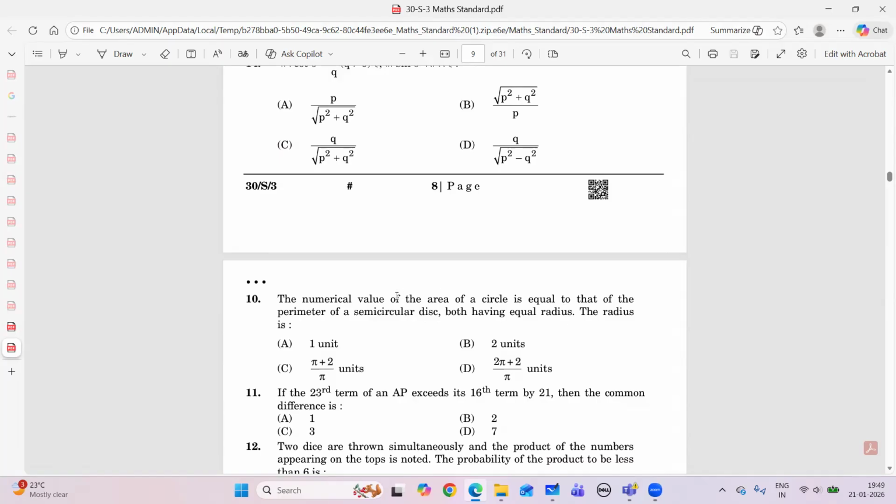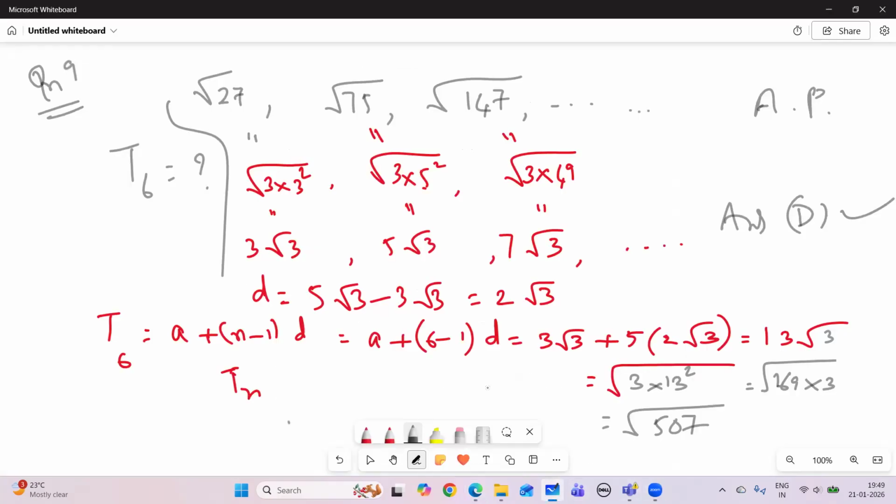We have a circle, let its radius be r, and its area is equal to the perimeter of a semicircular disk of the same radius. We have to take a semicircle of radius r, and its perimeter is equal to the area of the circle of radius r, and then we have to calculate the radius. Let us see.